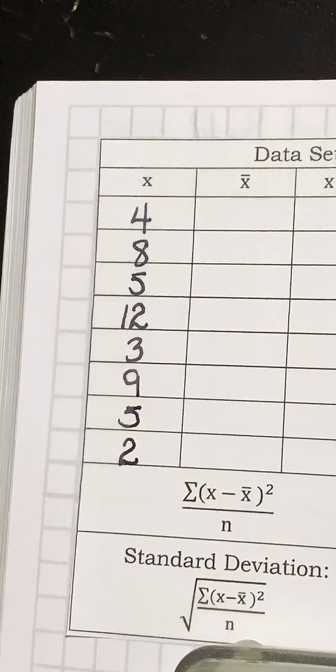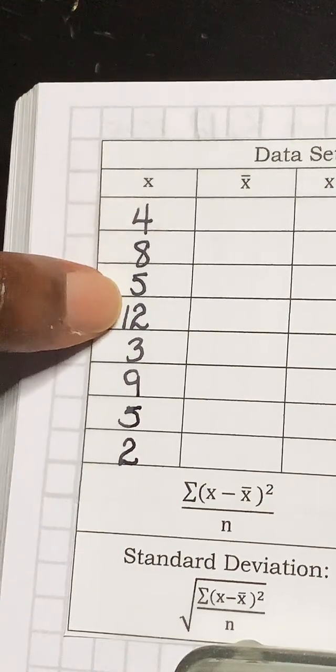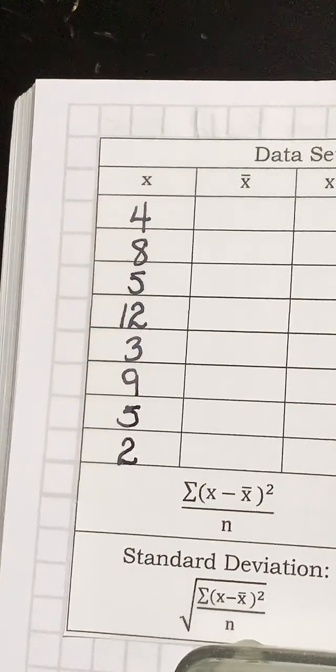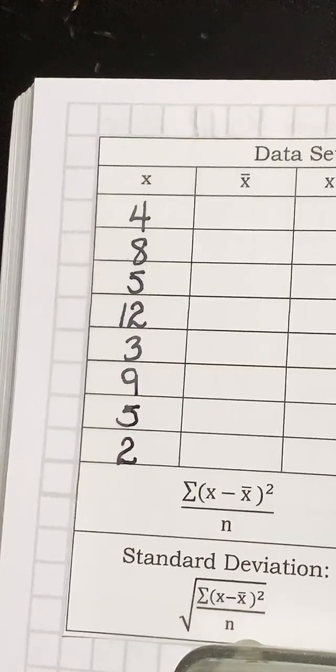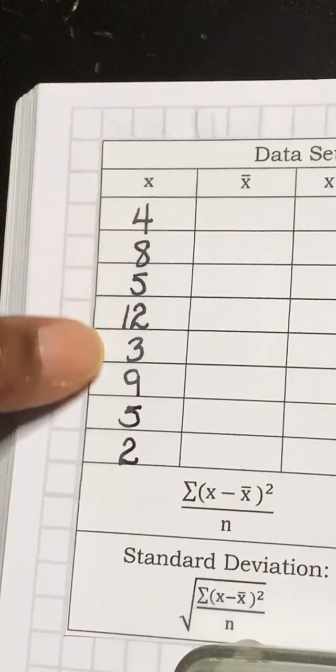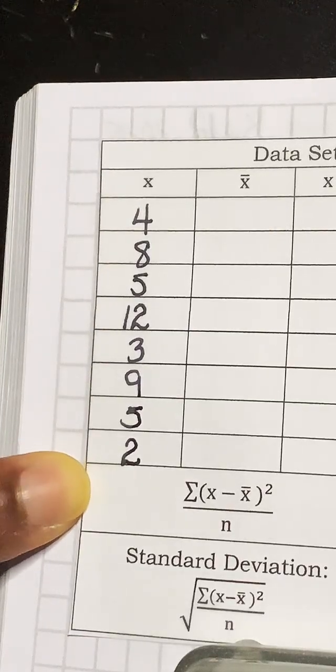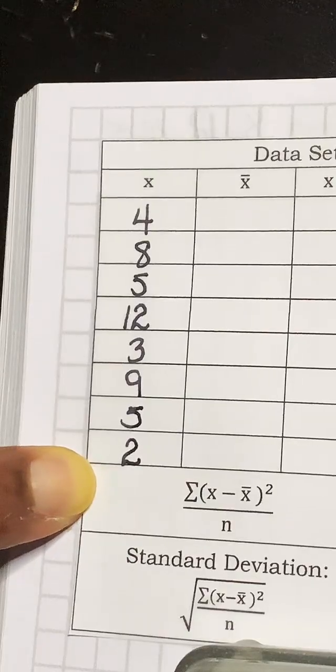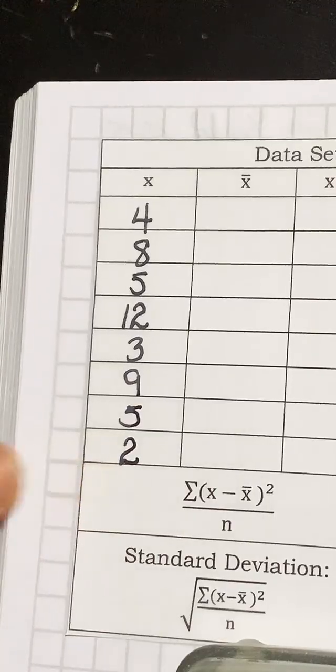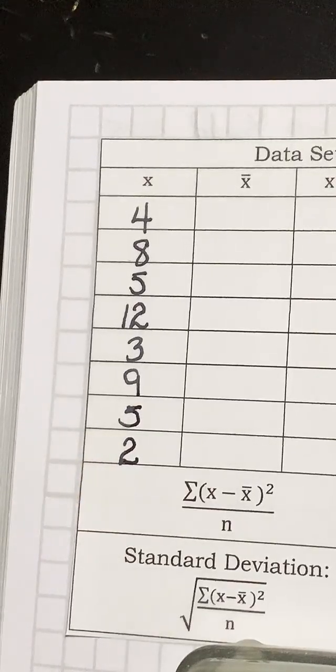All right, so we have 1, 2, 4, 6, 8 numbers. Okay, I always like to make sure I got all my numbers. So when I add all these up, I have my 48. When I divide my 48 by 8, I'm going to get a 6.